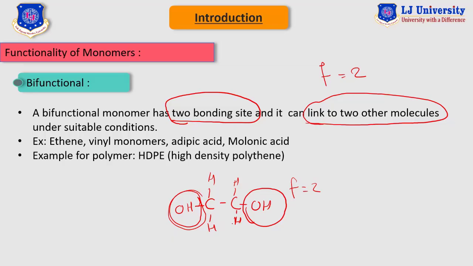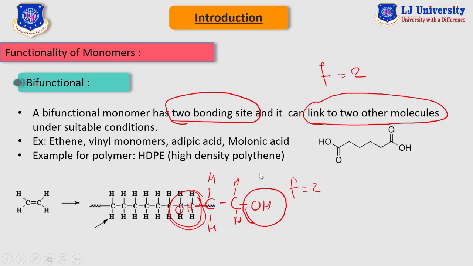So this is one more example of a bifunctional monomer. Now let me show you different bifunctional monomers. Here in this image you can see I have explained this: ethene as a bifunctional example, and here, on the screen, an example of malonic acid, right? So both compounds can be considered bifunctional monomers.